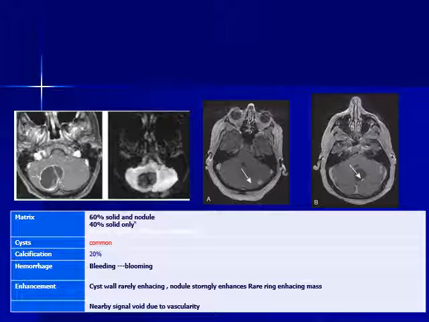If you see the same picture in an elderly, hemangioblastoma is the prime consideration. Of course, there is a list of differential diagnoses, but common things are common. Cyst and nodule in childhood is pilocytic astrocytoma. Cyst and nodule in elderly, hemangioblastoma is the prime consideration.